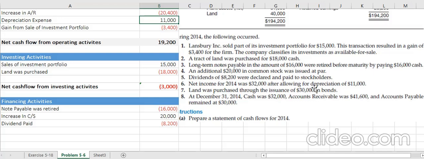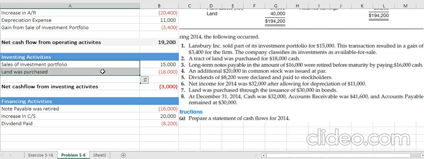So transactions where cash is not involved are not supposed to affect the cash position of the company, so those transactions cannot be recorded. Although the purchase of land is related to investing activity, cash is not involved. Okay, so we do not record it in this region. We record it nowhere in the cash flow statement.